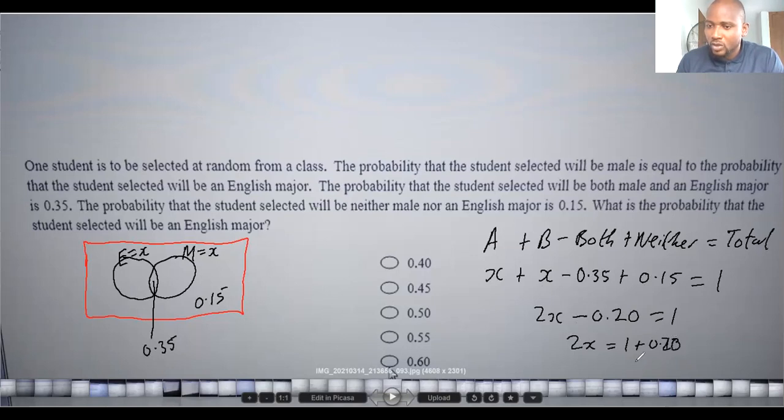So that gives you 2X equal to 1.2. When you divide both sides by 2, the final answer is X equal to 0.6. Your final answer is 0.6.